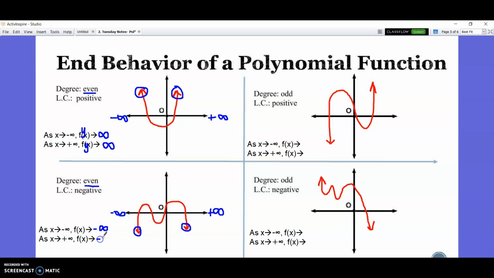And same thing here. Here, this is negative infinity. This is positive infinity. Same thing here, negative infinity, and then here is positive infinity.